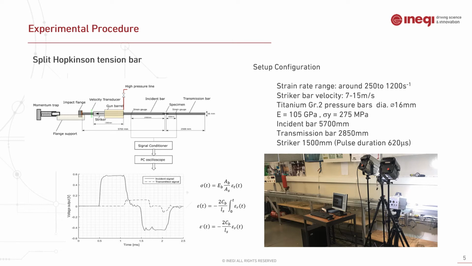And you can see here the photo of our split Hopkinson bar setup. We have titanium grade 2 bars with a diameter of 16 millimeter and a Young modulus of 105 gigapascal. And we are able to reach a strain rate between 250 to 1200.